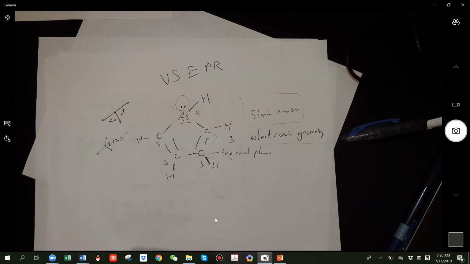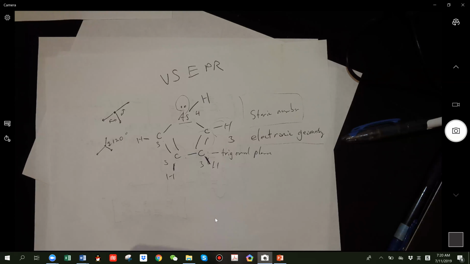If we have 4 things that all repel each other, what shape should it be? You can look at the handout.